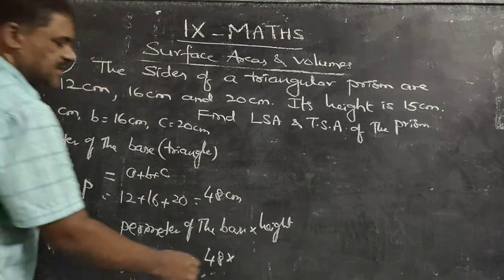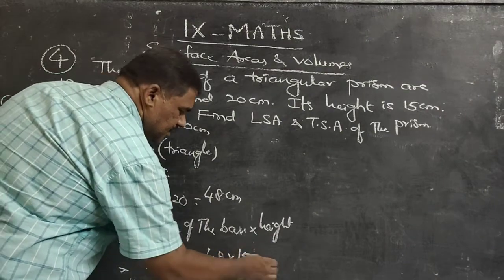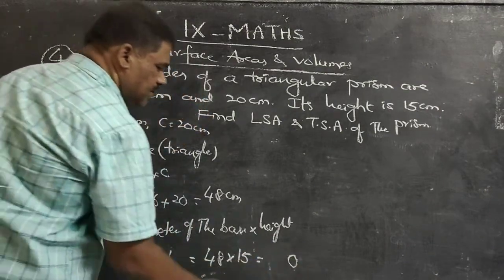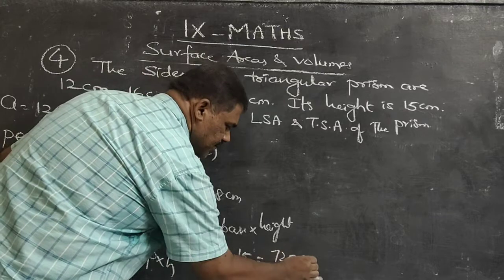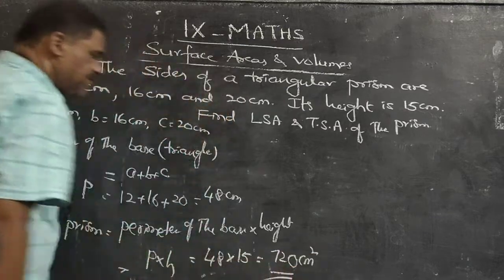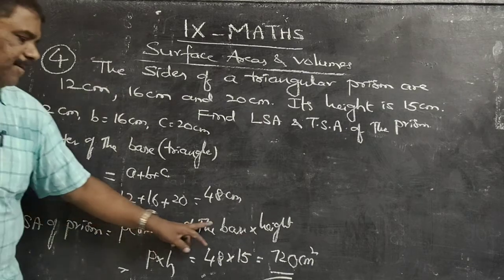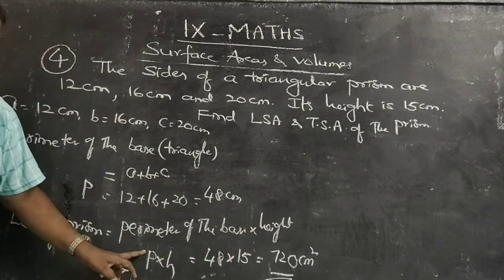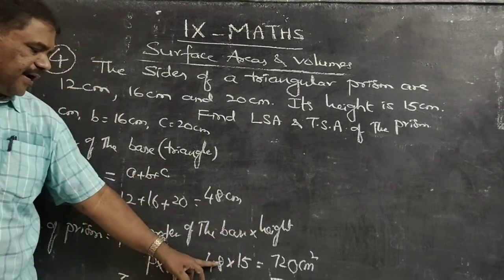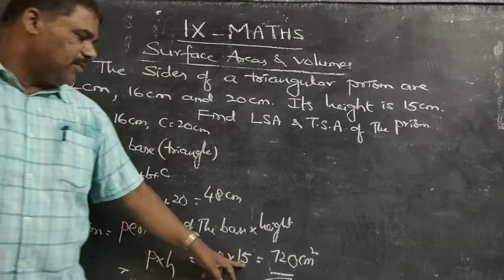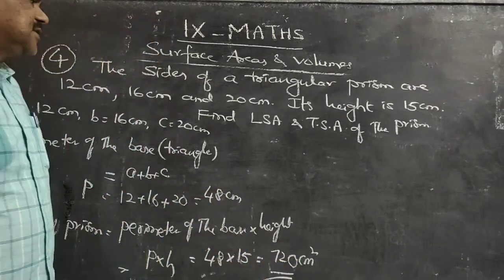Height of the prism is given as 15. This is lateral surface area of the prism. Lateral surface area formula is perimeter of the base into height. Perimeter of the triangle we got 48, height is 15. So if you multiply, you get 720 centimeters square.